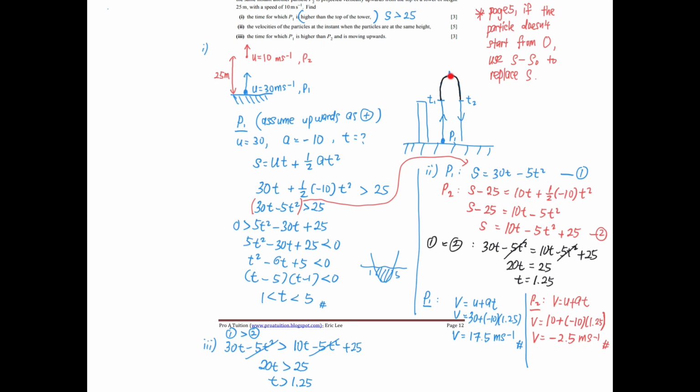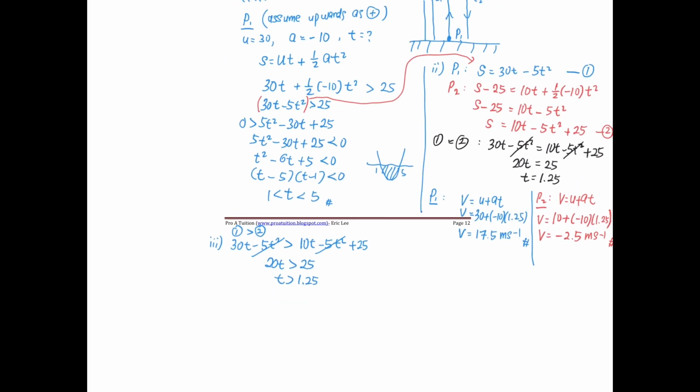It is kind of easy to find actually. At maximum height, v equal to 0. So let's write down here. At maximum height, v equal to 0. So we have v equal to u plus at.